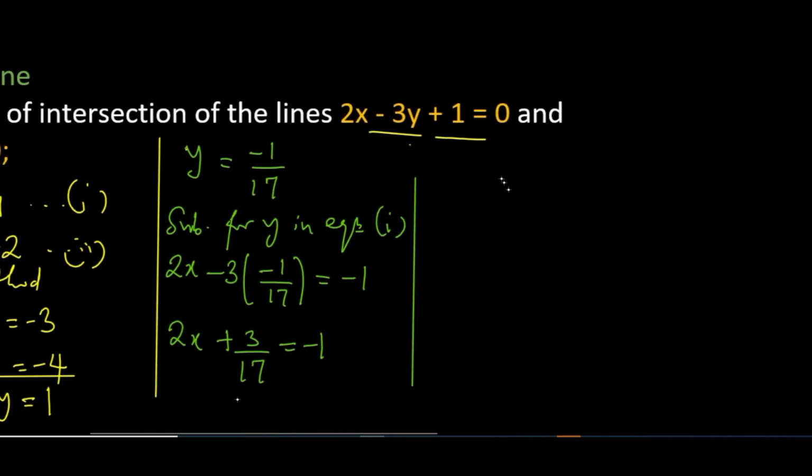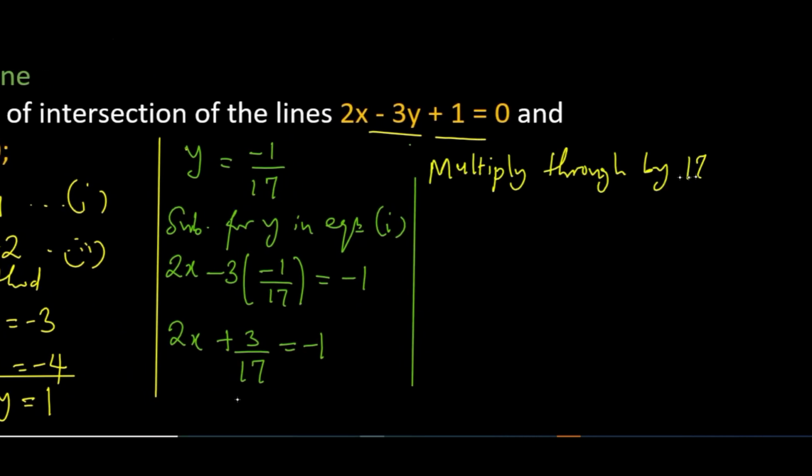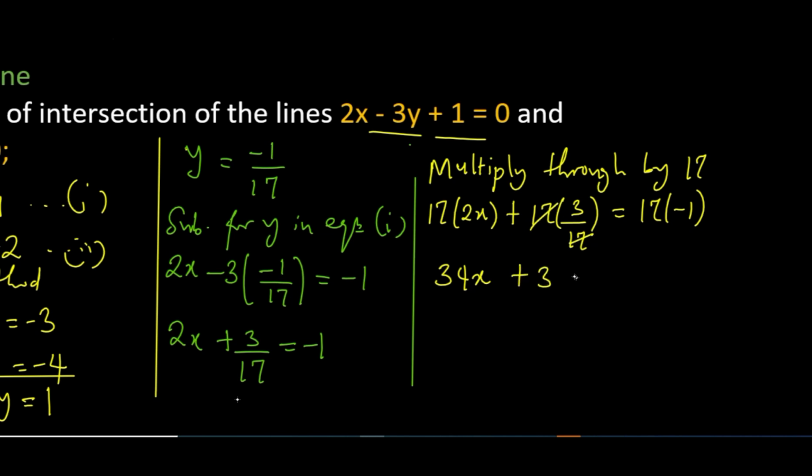So we can multiply through by 17. You have 17 times 2x plus 17 times 3 over 17 is equals to 17 times minus 1. So you have 34x, this one will cancel, you have plus 3 is equals to minus 17.